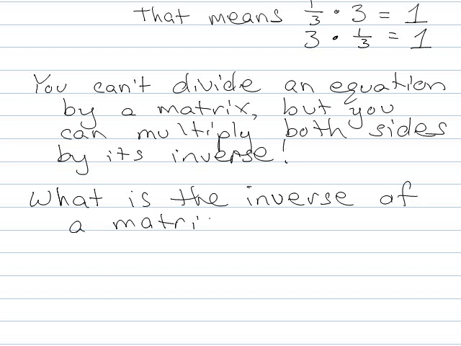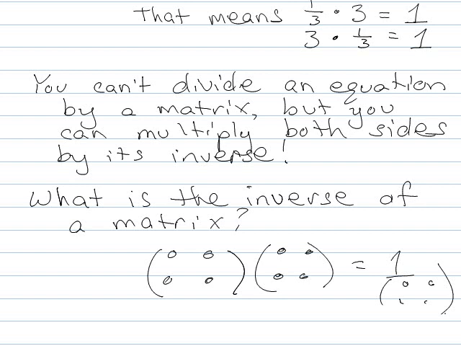Because you can't really multiply a matrix times a matrix and get 1, right? If this was something like that, you'd really have a 2 by 2. You wouldn't have just a number.